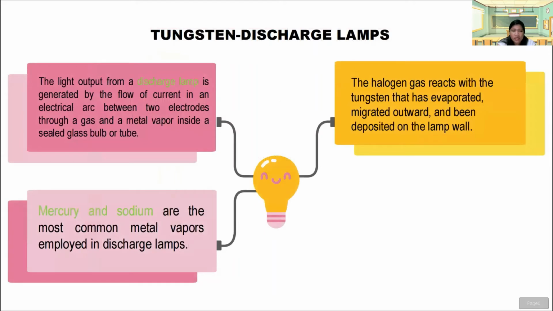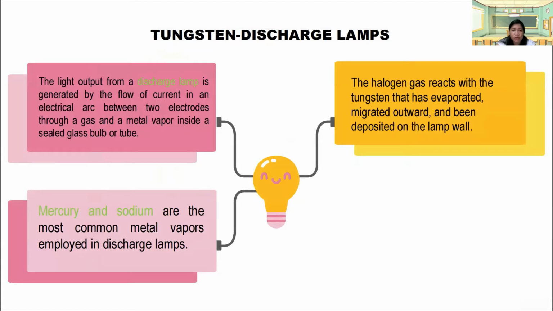So next is the tungsten halogen lamp. Tungsten halogen lamps are similar in construction to conventional gas-filled tungsten filament lamps, except for a small trace of halogen in the fill gas.